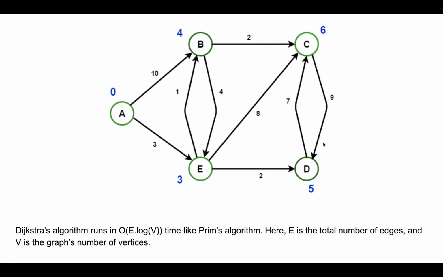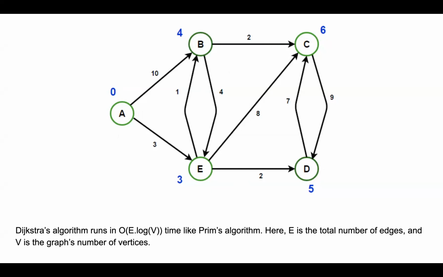And the last destination vertex is D. Its shortest path from the source vertex is 5. How is it? A, E, and D, which is 3 plus 2 equal to 5. Okay. Dijkstra's algorithm runs in big O of E log V time, like Prim's algorithm.